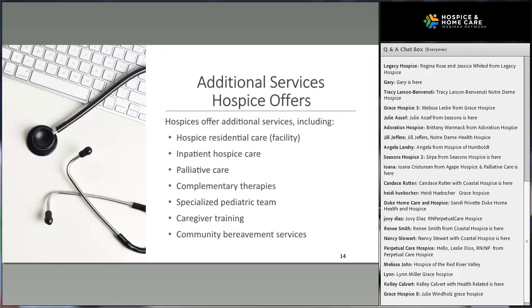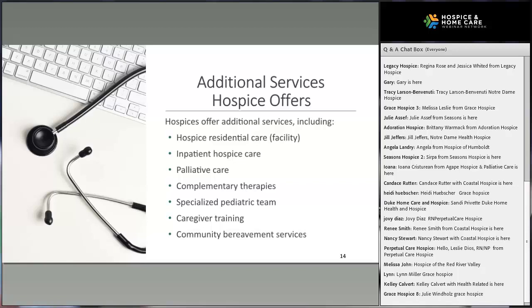Some hospices are specialized in pediatrics. Not all hospices do pediatrics, so it is important to understand when you are working with a patient or you are referring somebody, because the minute I say I work in hospice, I get a question almost every time. I was answering a series of questions yesterday as I was doing some work in a clinic, not about the patient's diagnosis.